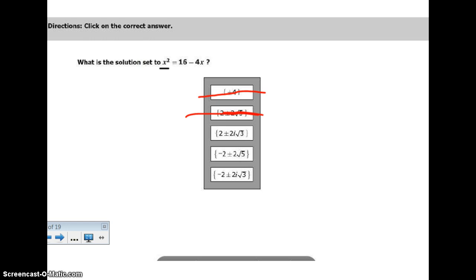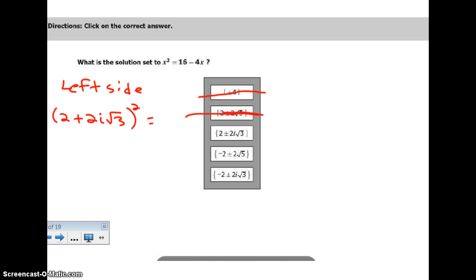Now we're going to try 2 plus or minus 2i radical 3. Well, let's just try 2 plus 2i radical 3 in place of both x's and see if that works. So on the left side, x squared is going to be 2 plus 2i radical 3 squared.